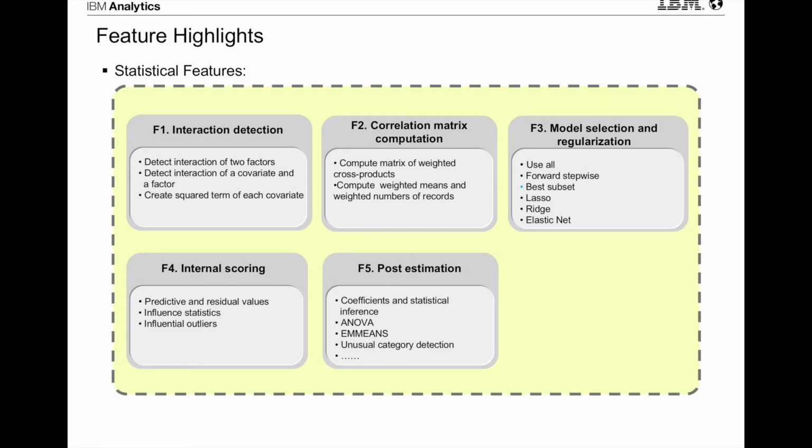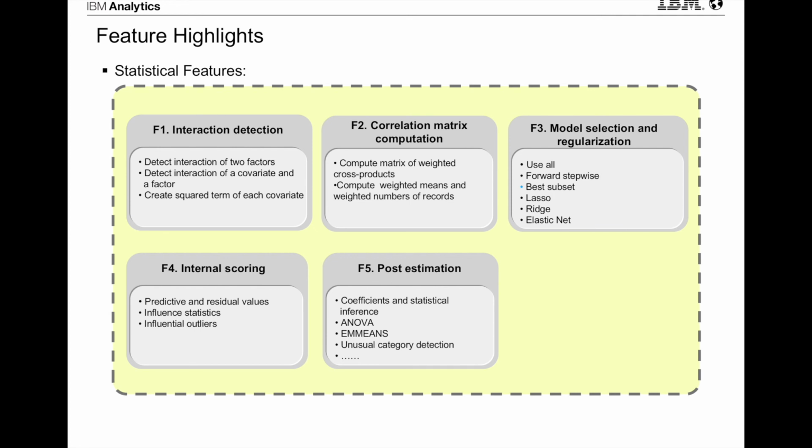What's the output of the LE algorithm? First, it will output the interaction of different factors. For example, detect interaction of two factors, a covariate and a factor, and create the square term of each covariate. Second, some calculation of the correlation matrix.